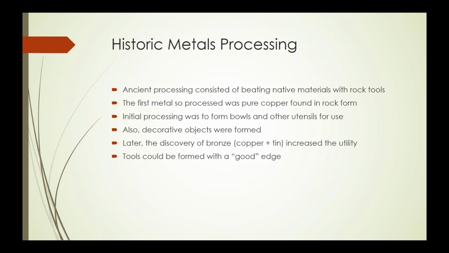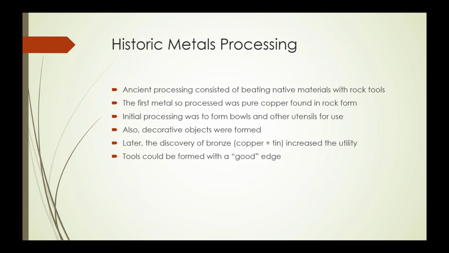If they took said rock and pounded it with a rock tool or hammer, they would be able to form it into various things. Generally and initially, they formed bowls and other utensils for use. They also formed decorative objects, became jewelry, and highly prized.